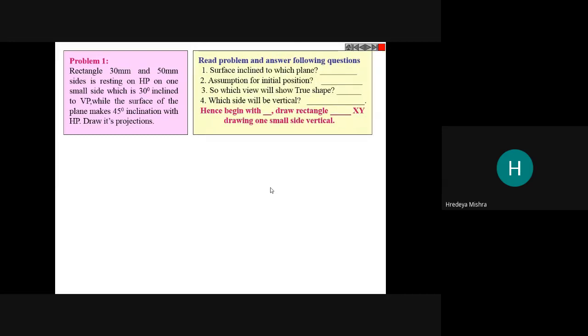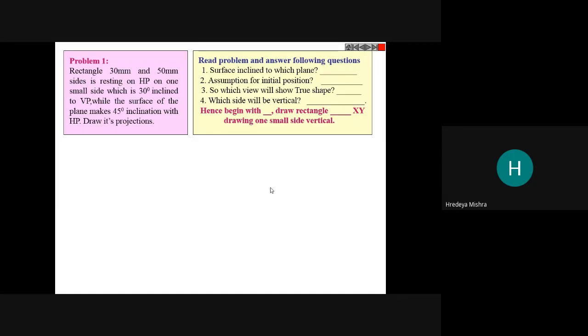Okay, you just make a rough diagram of this problem. Make a rough diagram of this problem and share your image with me. Yes, how many students?